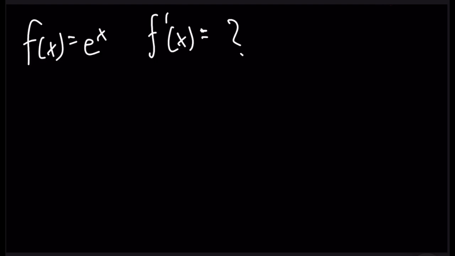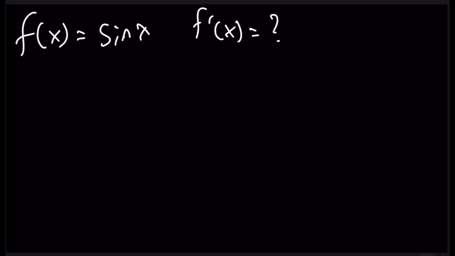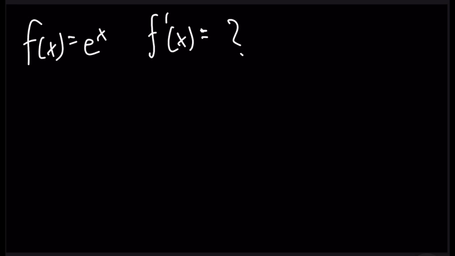And let's talk about some special derivatives, or derivatives that you should know, right? That's going to be the derivative of e to the x, the derivative of the natural log of x, and the derivative of sine of x. You don't actually need to stick around for this, but if you are interested, I will be proving these using the limit definition.